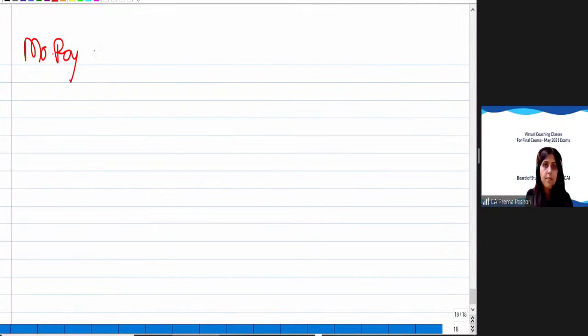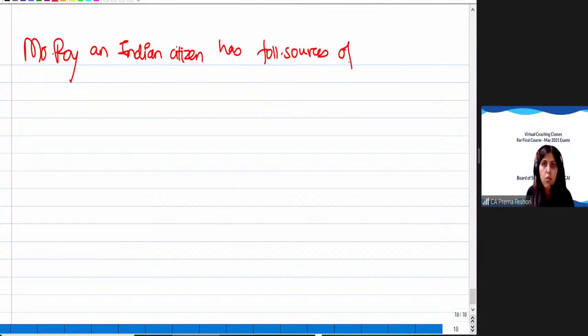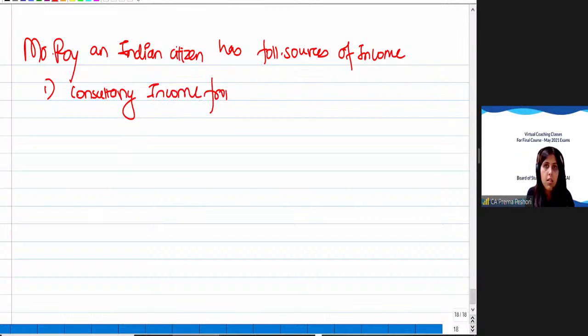Mr. Roy, an Indian citizen, has the following sources of income. Consultancy income from an Indian client, rupees 13 lakh.